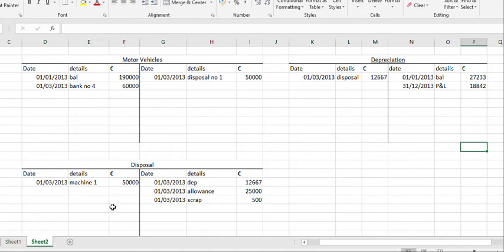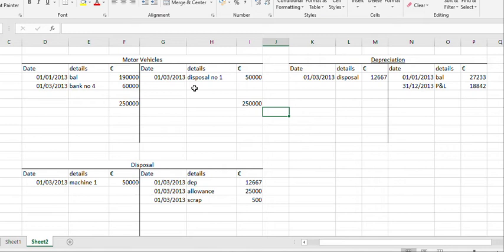So we have to work out, did we make a profit or a loss when we got rid of this machine? We need to balance off the motor vehicles, see what's going into 2014, and do the same with depreciation. So I'll deal with the motor vehicles first. We would add up both sides and find out which side is bigger. Clearly this side is bigger, so 190,000 plus 60,000, so 250,000 goes on both sides.